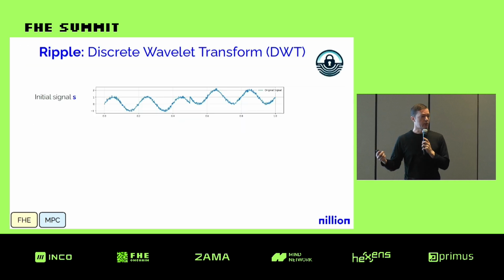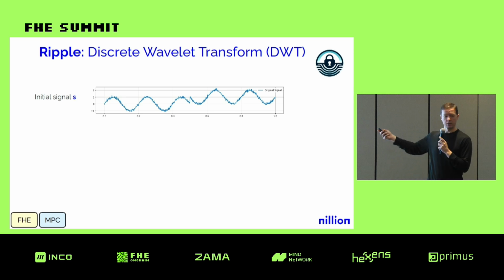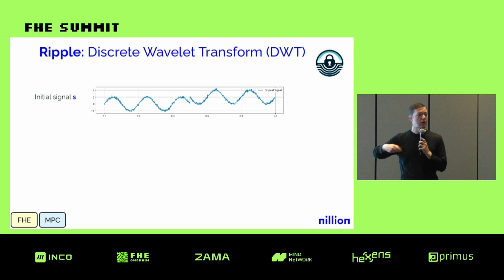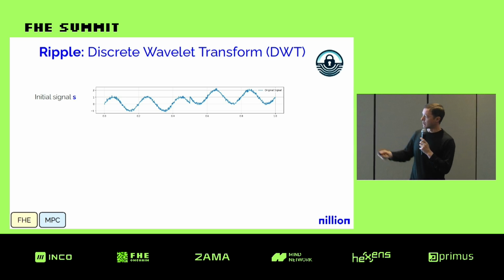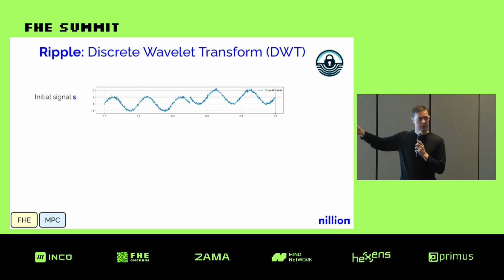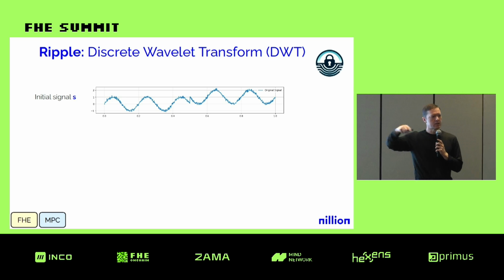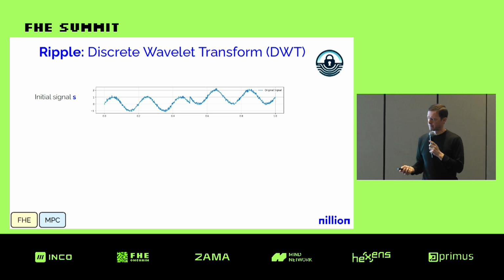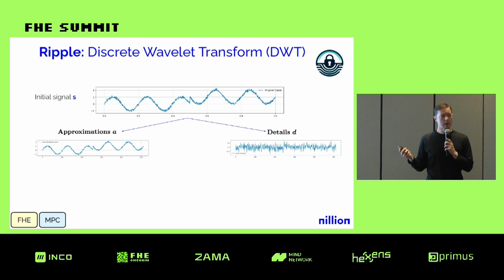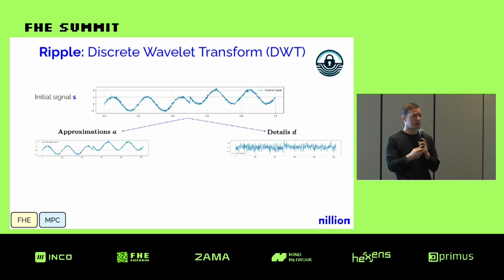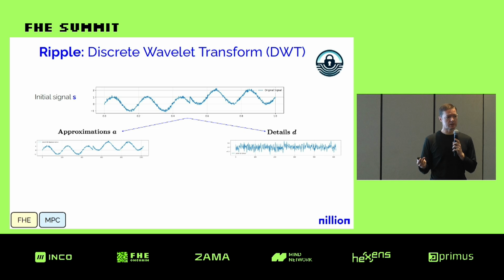So to understand how they work, let's use this function as an example. Imagine this is your lookup table. This is the function that you want to evaluate privately without revealing at which point you're reading this function. And it has a sine component and then some noisy component on top of that. When you apply the DWT once, what you get is a number of approximation coefficients and then a number of detail coefficients.